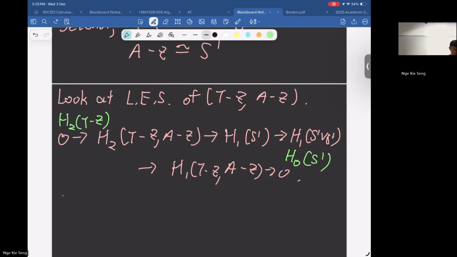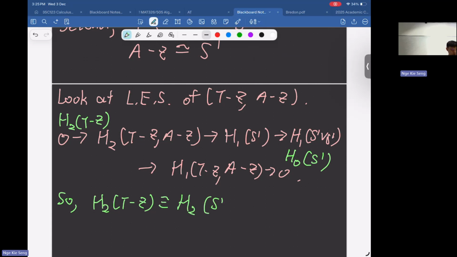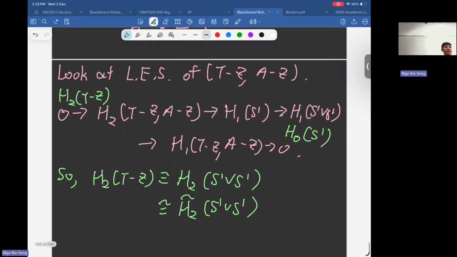So first, why is it 0? First thing is H2 of T minus Z, which is isomorphic to H2 of X1 wedge S1. Just now we said that it deformation retracts to it. But H2 is also isomorphic to the reduced homology, right? Just now we proved that reduced homology of a wedge is a direct sum.